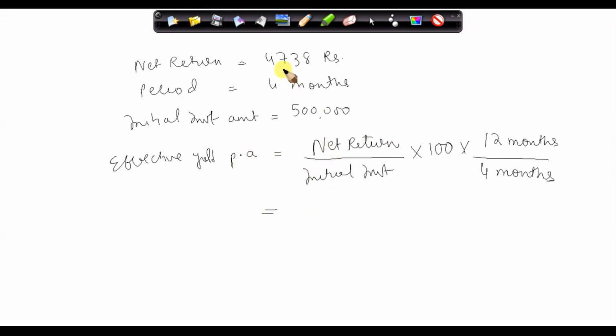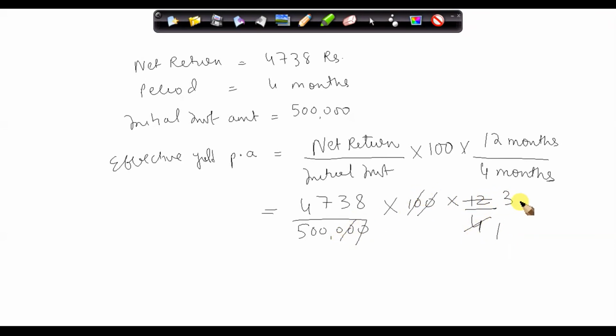So net return is 4738, and the initial investment is 5 lakh rupees. This I will be multiplying by 100 into 12 divided by 4. So this I will be solving. This two you can cancel out. 4 ones are 4 and 4 threes are 12.